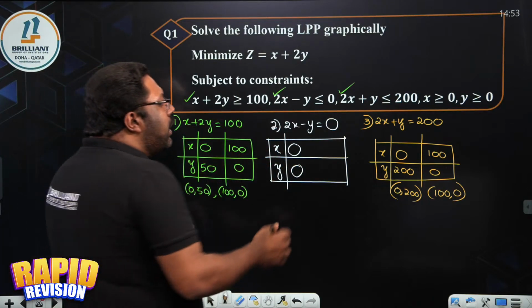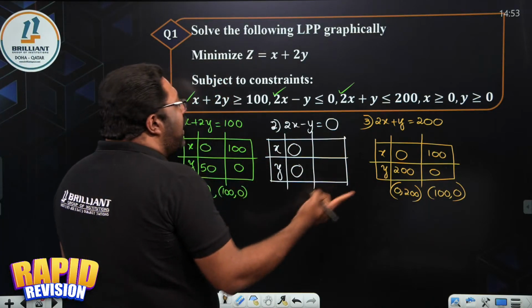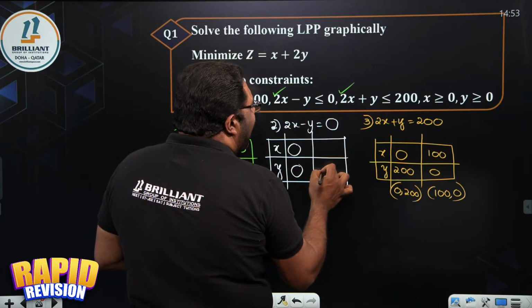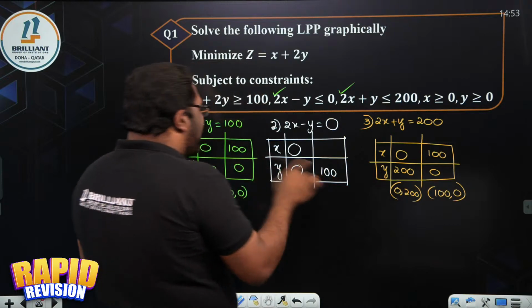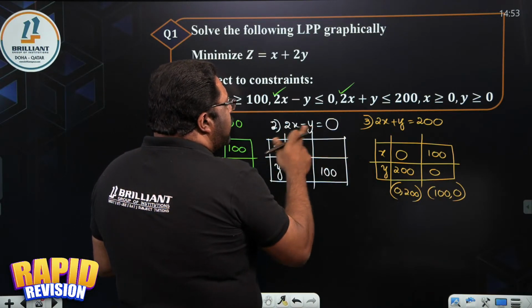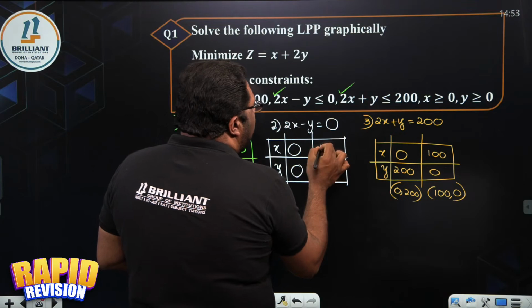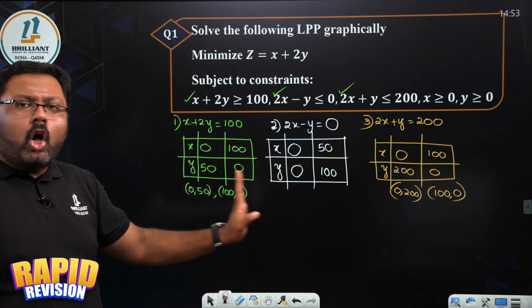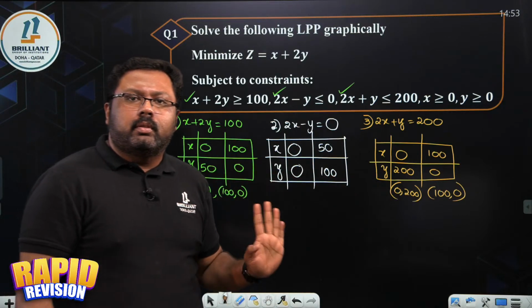So it's a very confusing line. You can randomly take any point you like. Maybe I will take y is equal to 100, because the other numbers are like hundreds and fifties. y is equal to 100, x is equal to 50, just to draw the line without confusion.